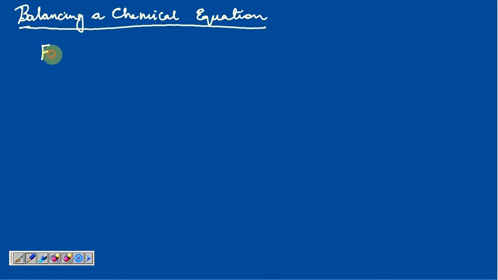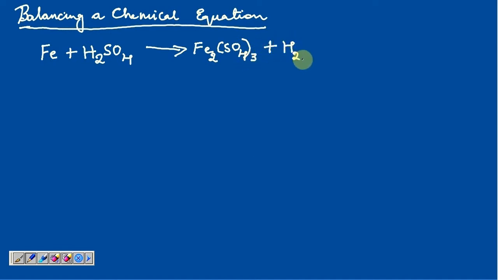We have iron, that's ferrous, plus sulfuric acid H2SO4, giving ferrous sulfate Fe2(SO4)3, plus hydrogen. So we'll see how to balance this equation.